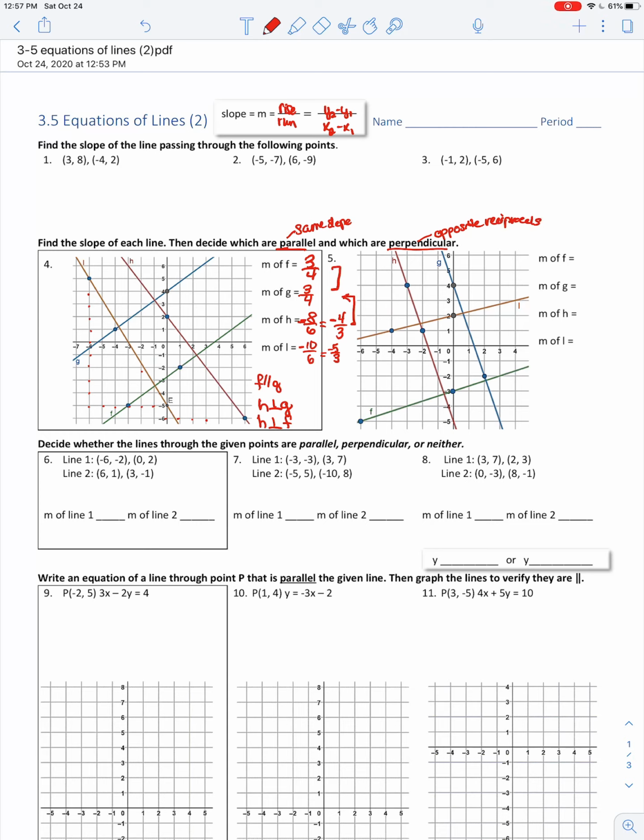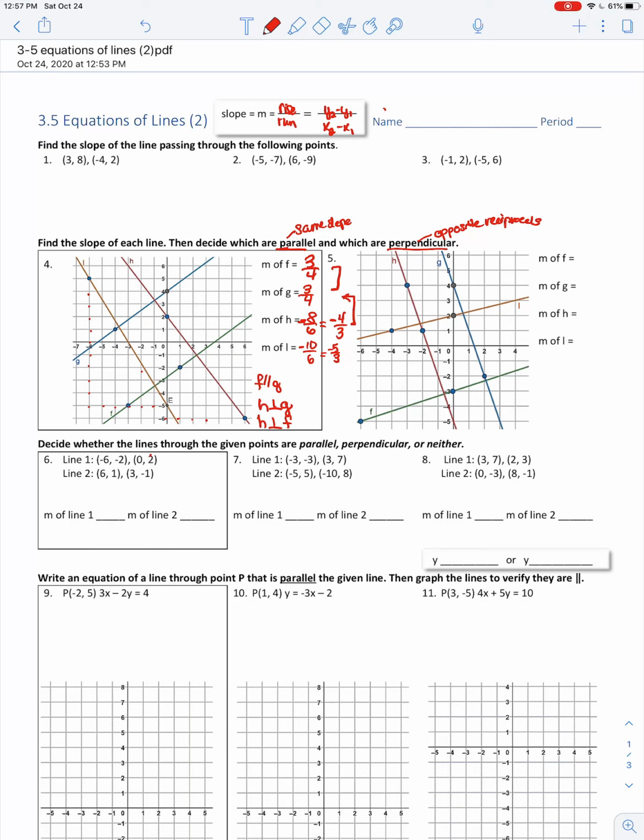Number 6 asks us to determine if the lines are parallel, perpendicular, or neither, and they've given us points on the lines, but they have not actually graphed them, so we can't rise and run and count, but we can calculate the slope like we would up here. So we're going to take line 1 and find our change in y over our change in x.